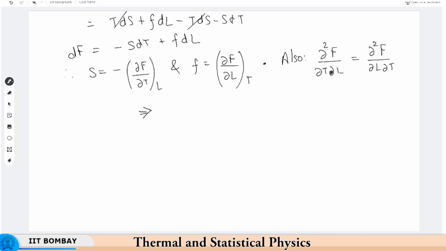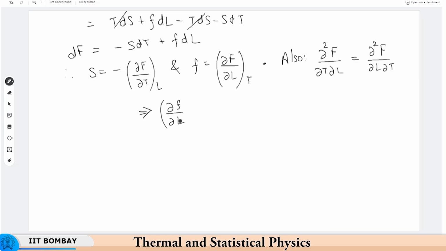So, from here I can write, similar to how we derived the Maxwell equation, essentially we are deriving the Maxwell equation for this system.